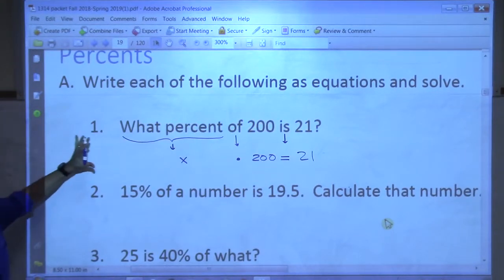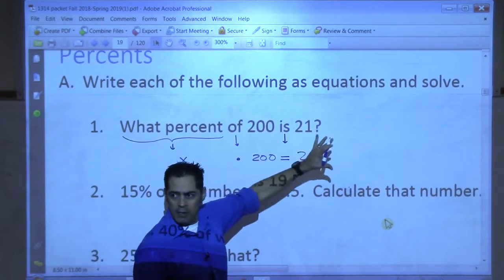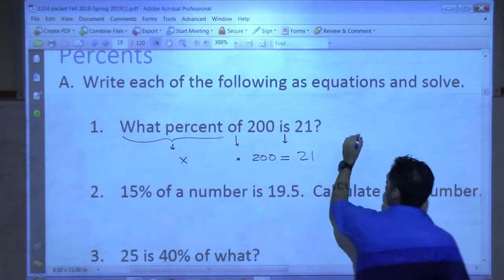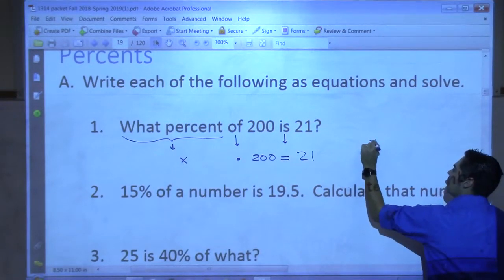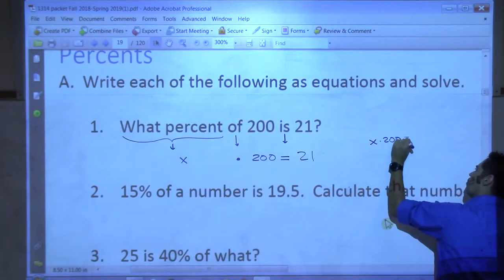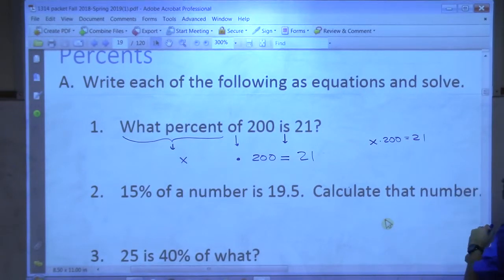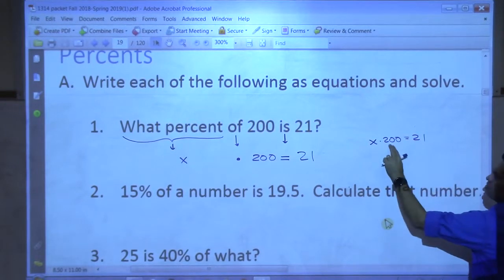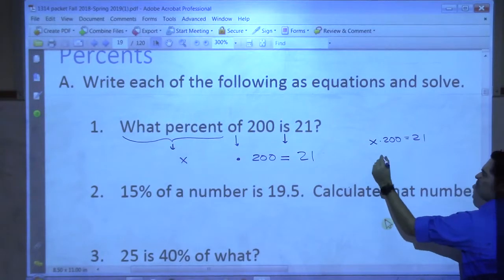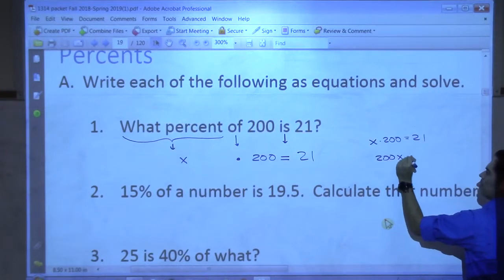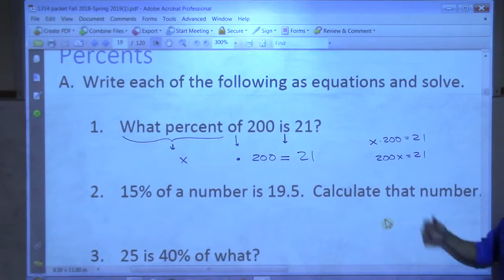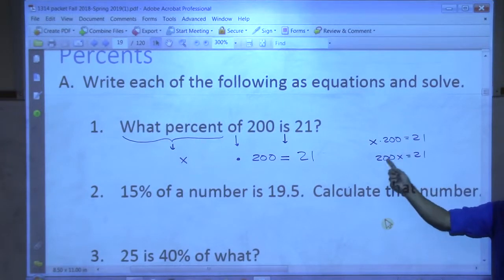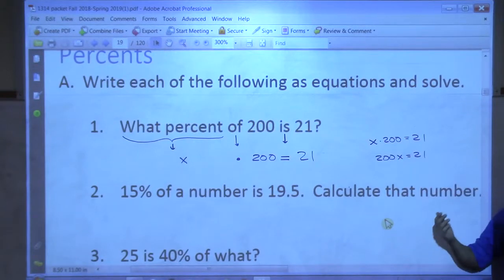And have I accounted for everything in the problem? So at the end of the day, here's what I've got. X times 200 equals 21. And a lot of times when we write X and 200 like that, we usually would just write 200X equals 21. That means the same thing, right? X times 200 is the same as 200 times X. Just flip them over. We good?